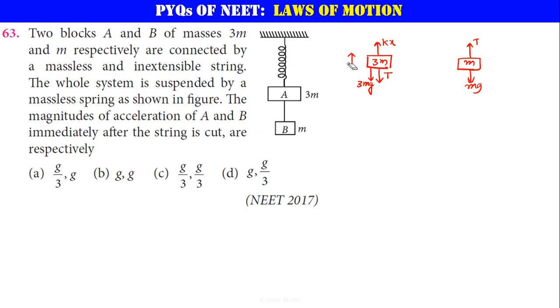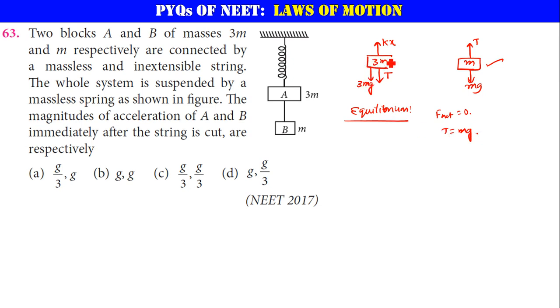There will be no acceleration because we are considering the equilibrium case. Equilibrium means the net force acting on the block should be equal to 0. For block B, F net is equal to 0, so T and mg balance each other.